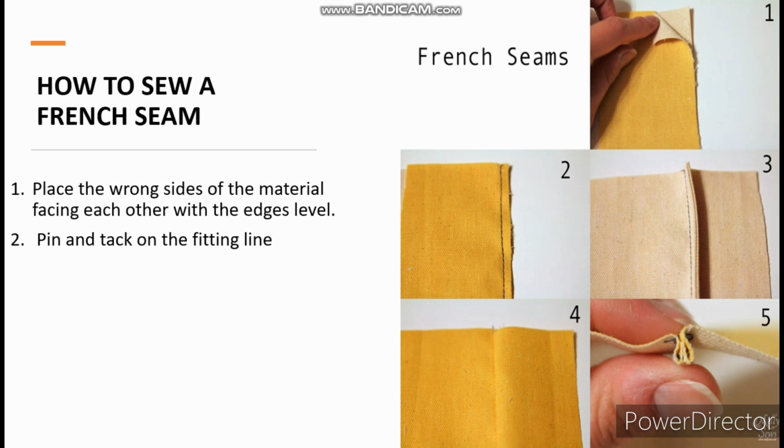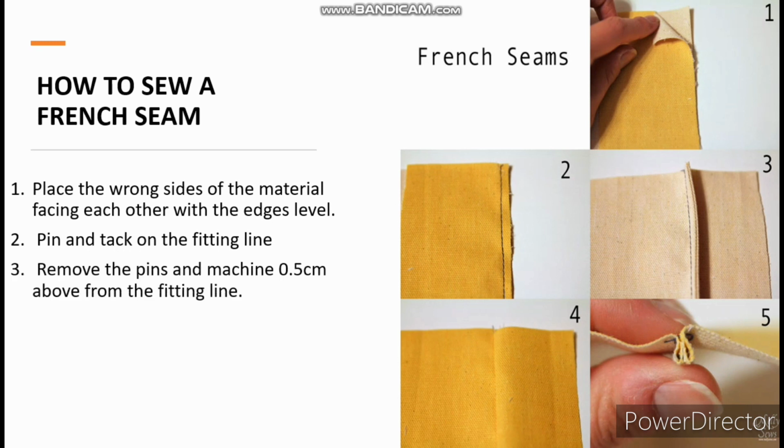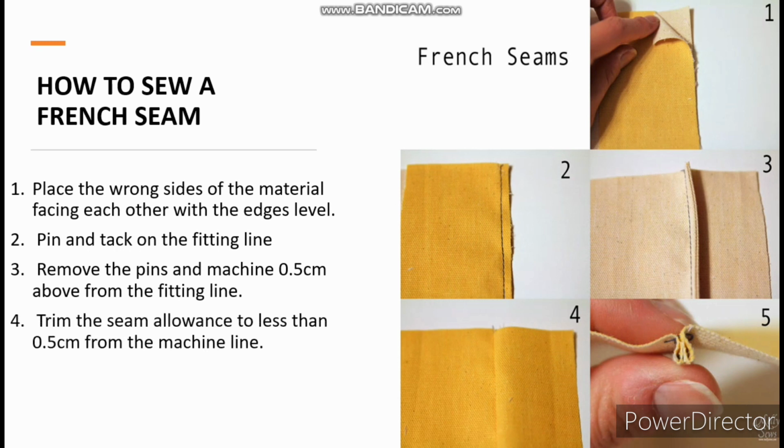Number 3, remove the pins and machine 0.5 centimeter above the fitting line. Number 4, trim the seam allowance to less than 0.5 centimeter from the machine line. Number 5, press the seam to one side of the garment.